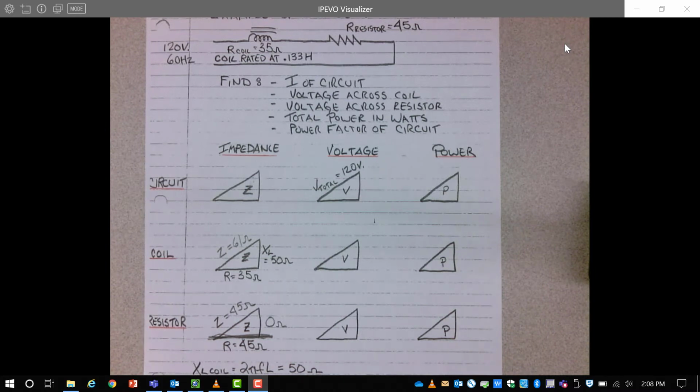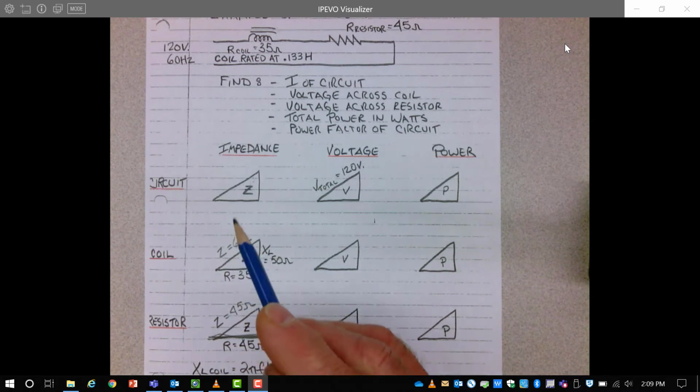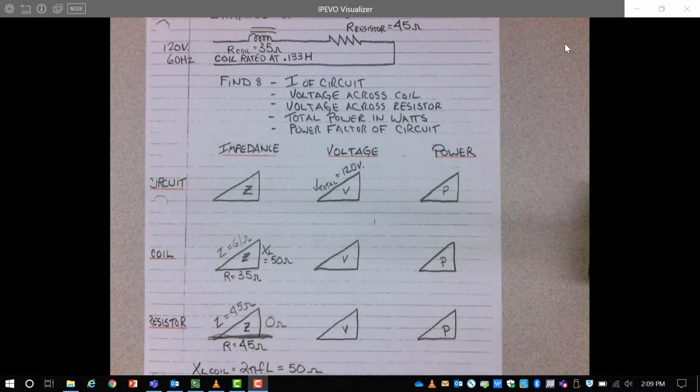Now, from there, we can work on our circuit impedance triangle. We typically work from the triangles we have below the circuit triangles and work upwards to our circuit triangles. Because in a series circuit, resistances add up.